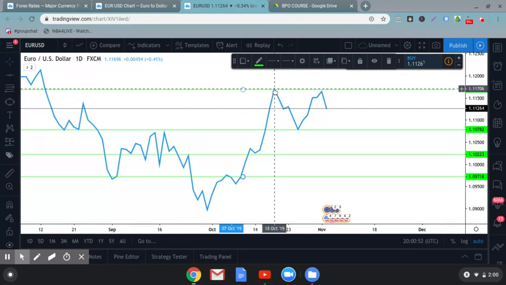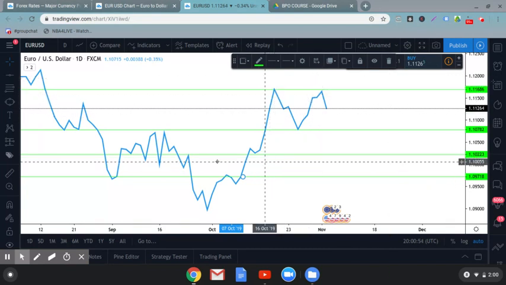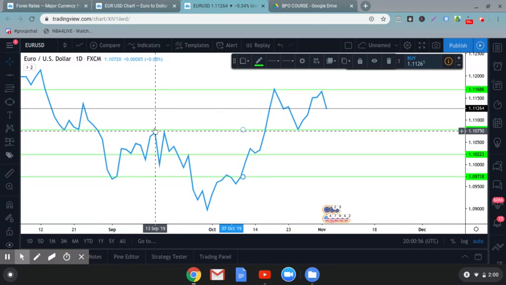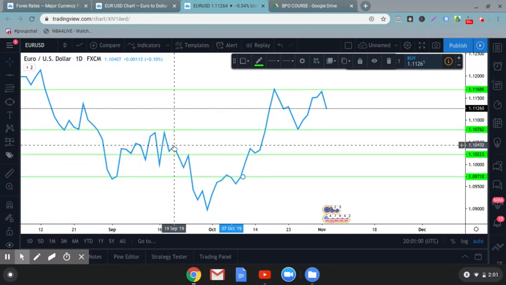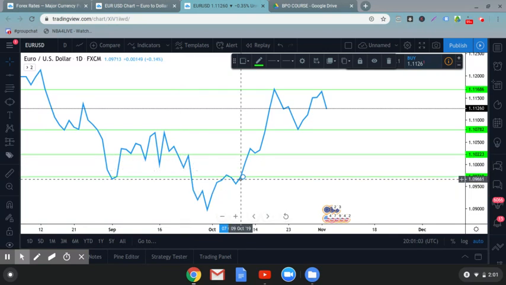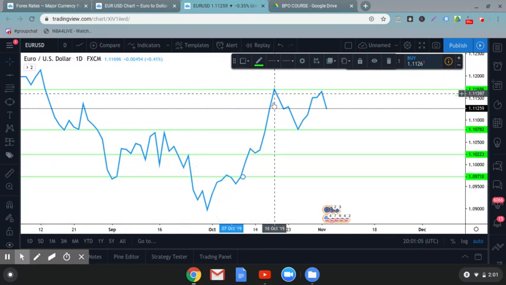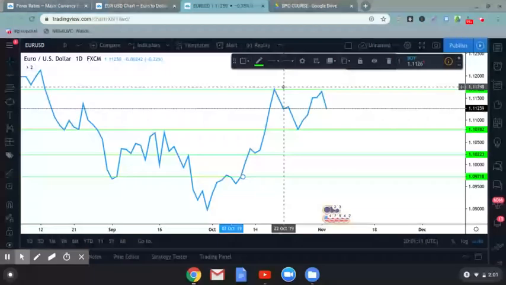So when it came up and touched it, boom. When it came up and touched it, boom, right? Touched, boom. Test, touched, boom. You see what I'm saying? A lot of market indecision in these areas. If you do a good markup too, guys, you can keep it for a very, very long time.